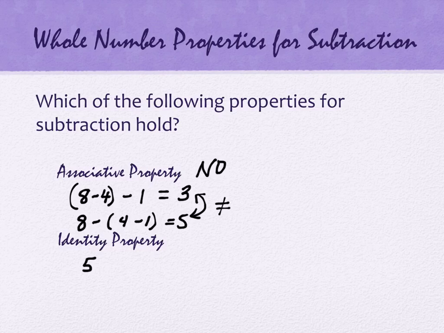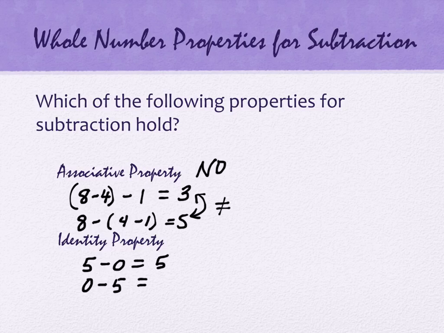So if I did 0 away from 5, I get 5. And it feels like maybe that would work. But look back at the additive identity property. It didn't just say 5 plus 0. It also said, yeah, it said we needed to be able to do it in both directions, which would mean I'd have to be able to do this as well.